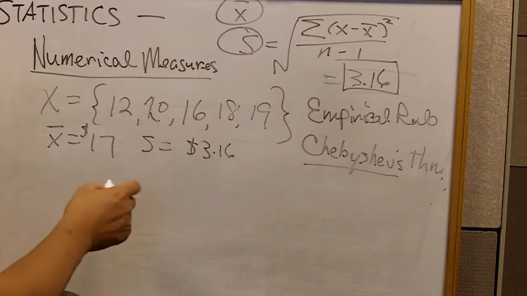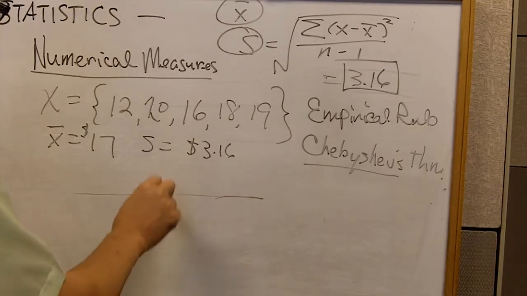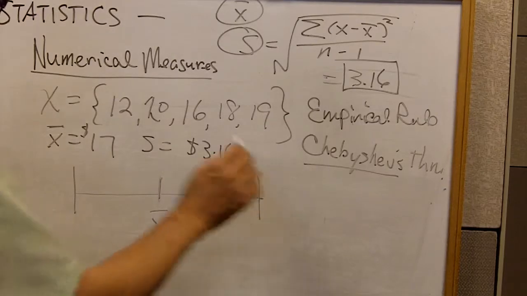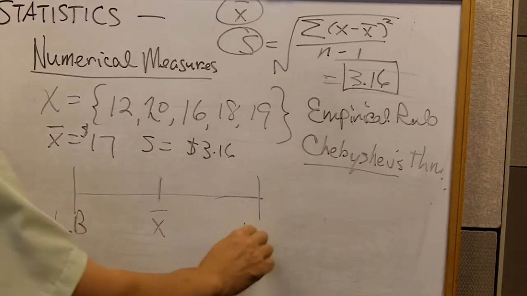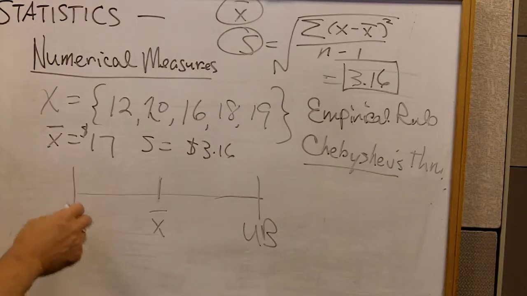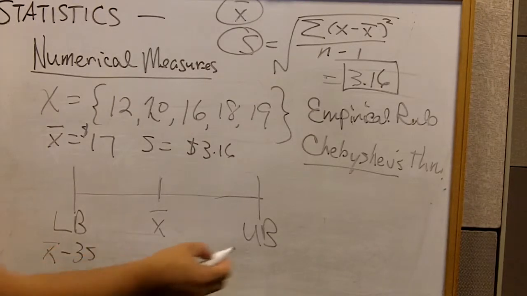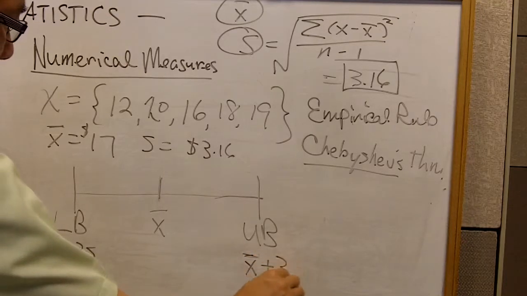So graphically we are saying, well, let's set up, say, if this is the center X bar, how far do we go to find the lower bound and upper bound. Using the empirical rule, we basically say anything that is 3 standard deviations away. So that is X bar minus 3S, or X bar plus 3S.